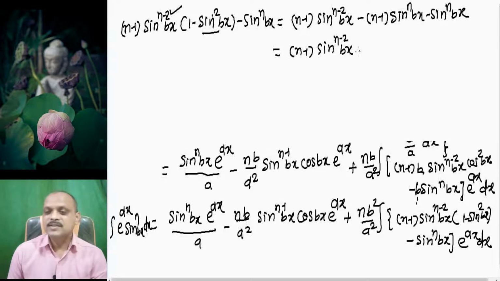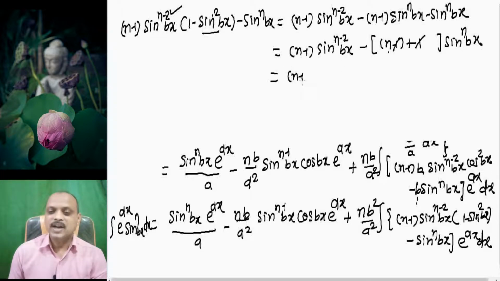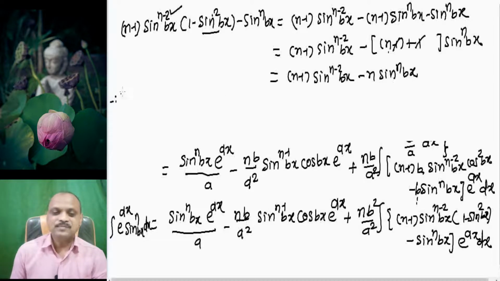Again minus this n minus 1, taking sine raised to n bx common, then the coefficient is 1 plus 1 minus 1 will be cancelled and we remain with n, that is, n minus 1 sine raised to n minus 2 into bx minus n into sine raised to n into bx.